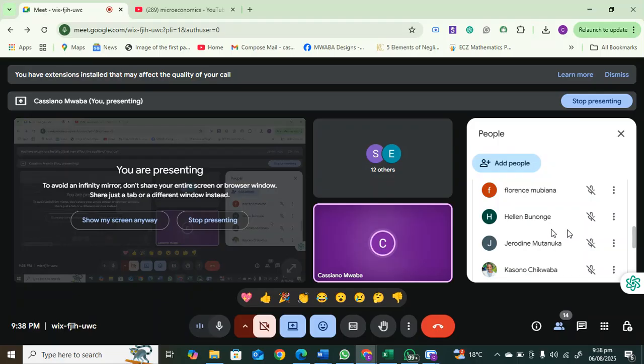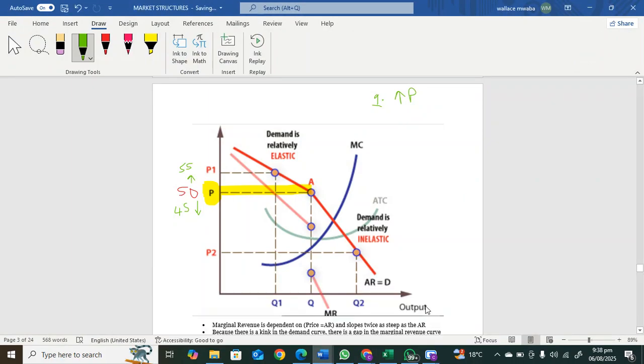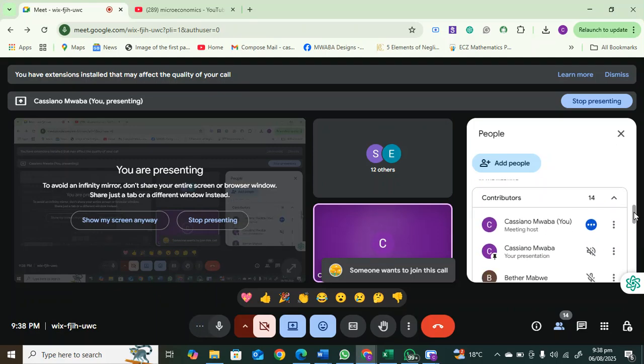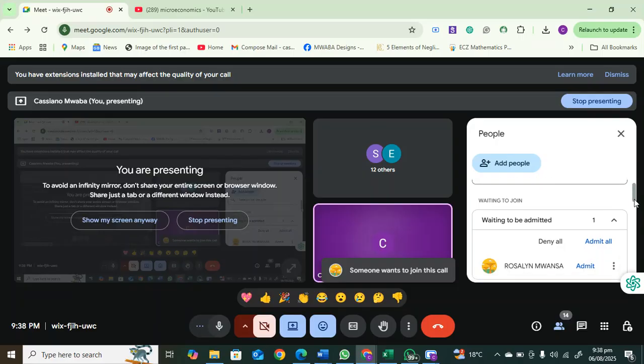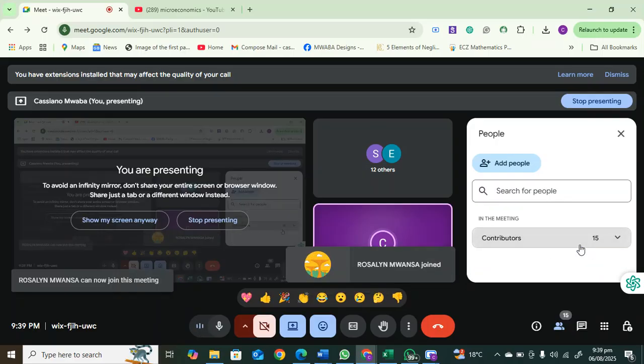They're going to follow suit. So when they follow suit, they won't really lose much of their customers. That's why we're saying demand is inelastic, because when they follow suit, their customers will still stick with them.